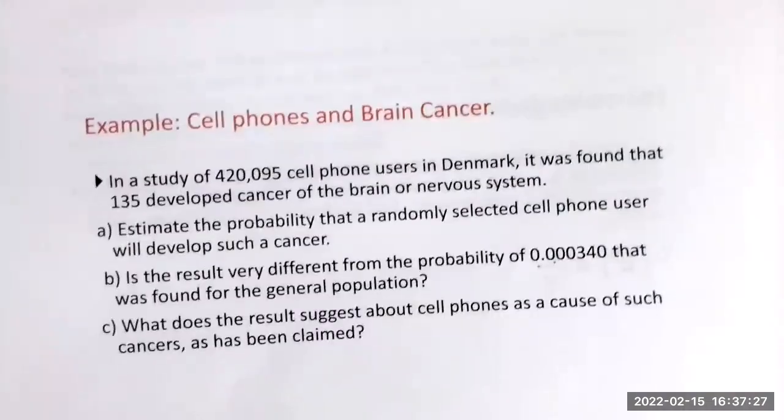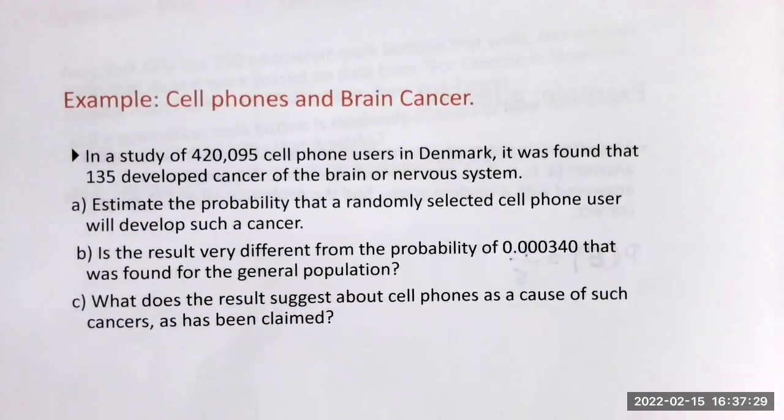So here's an example. In a study of 420,095 cell phone users in Denmark, it was found that 135 developed cancer of the brain or nervous system. And for question A, we're gonna estimate the probability that a randomly selected cell phone user will develop such a cancer.